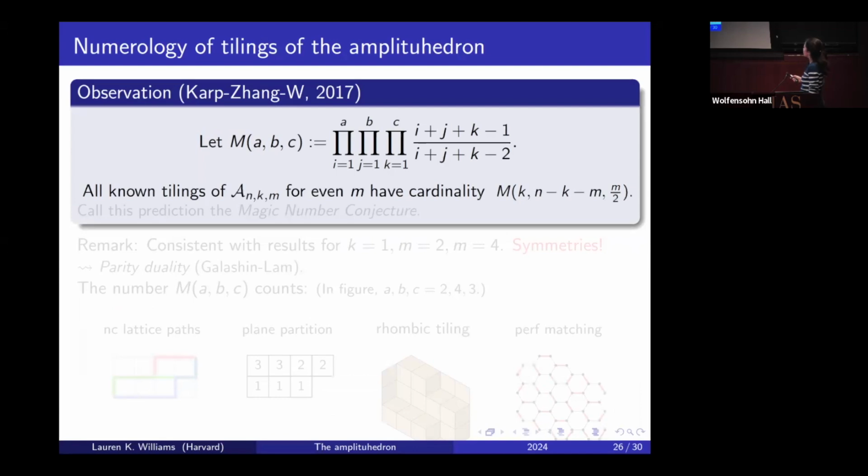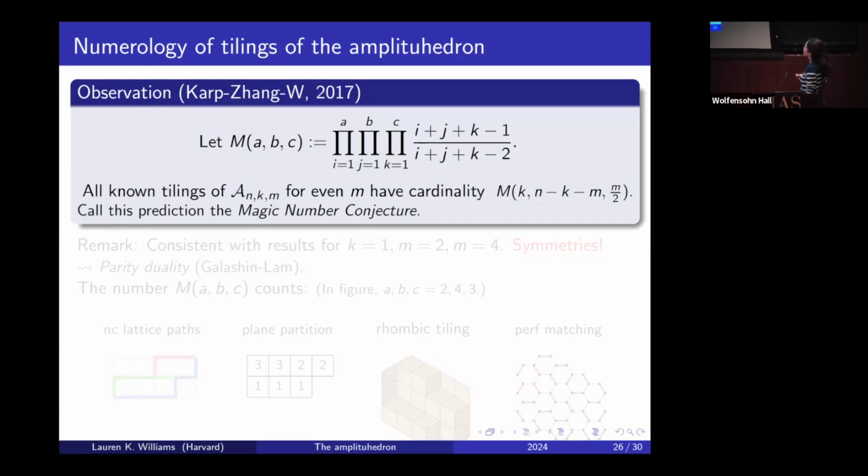What we observed was that every number in that table, so all the known tilings of the amplituhedron for even m, have cardinality given by this function of k, n minus k minus m, and m over 2. We call this prediction, that the size of a tiling is this number, the magic number conjecture.